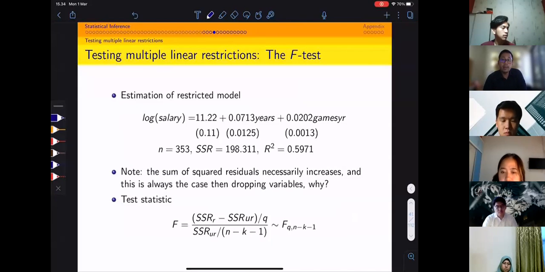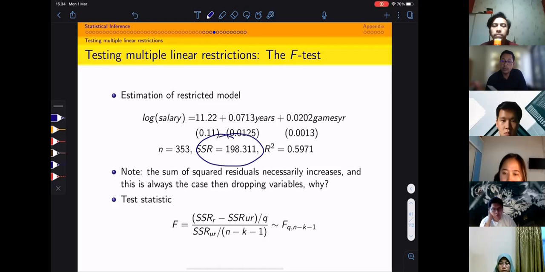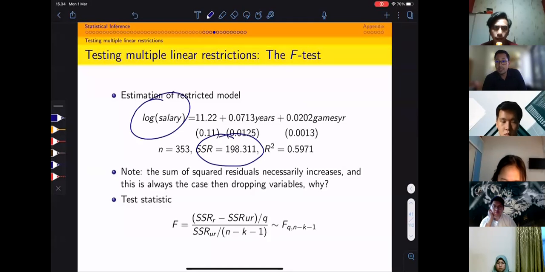To be able to test that, we're going to do what's called the estimation of the restricted model. The estimation of the restricted model is an estimation without the three variables, and you're going to get what's called the sum square residual. What's a sum square residual? It's basically the variation of the variable of interest that cannot be explained by the model.